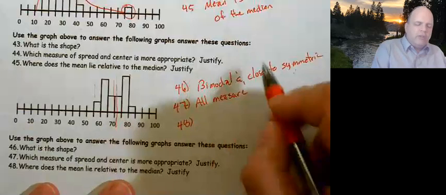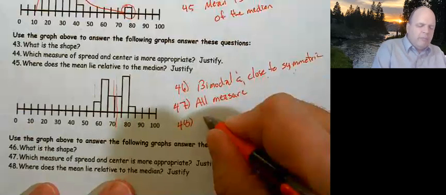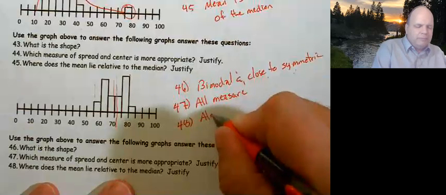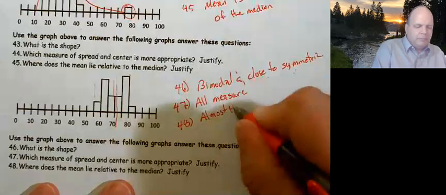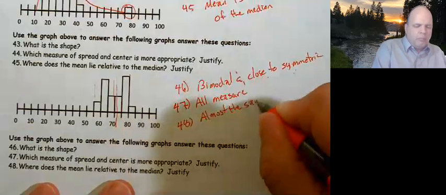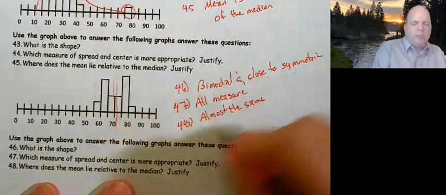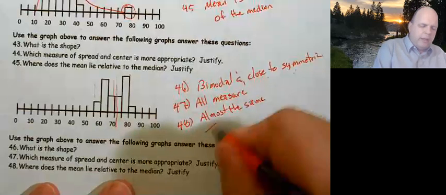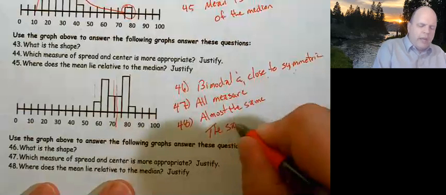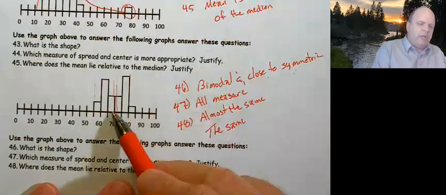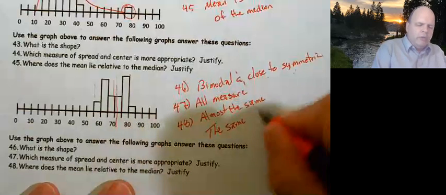All right, because it's close to symmetric, they're going to be almost the same spot. I should say the same or almost the same. I think I'm going to write that down. I don't know exactly if it's going to be slightly above, slightly below, or at the same. So the same or almost the same.